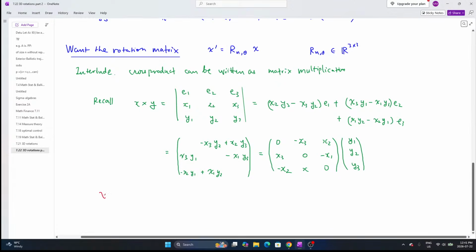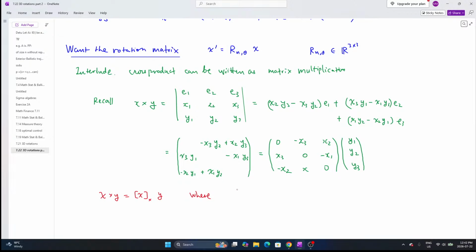Therefore, x cross y is equivalent to x bracket with a subscript cross, times y, where x bracket cross is 0, minus x3, x2; x3, 0, minus x1; minus x2, x1, 0.